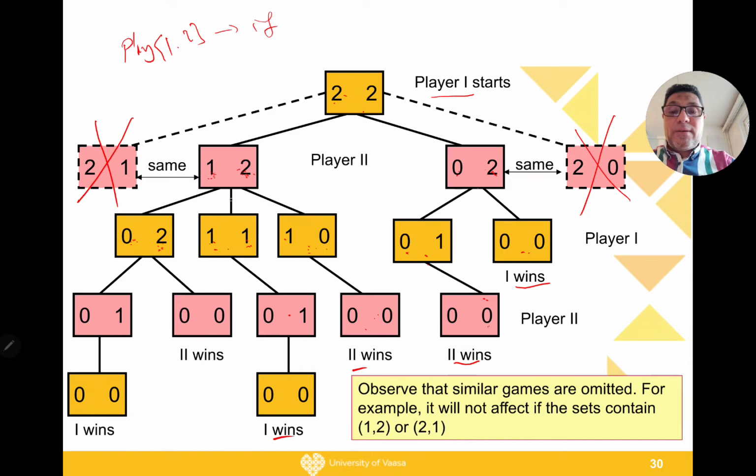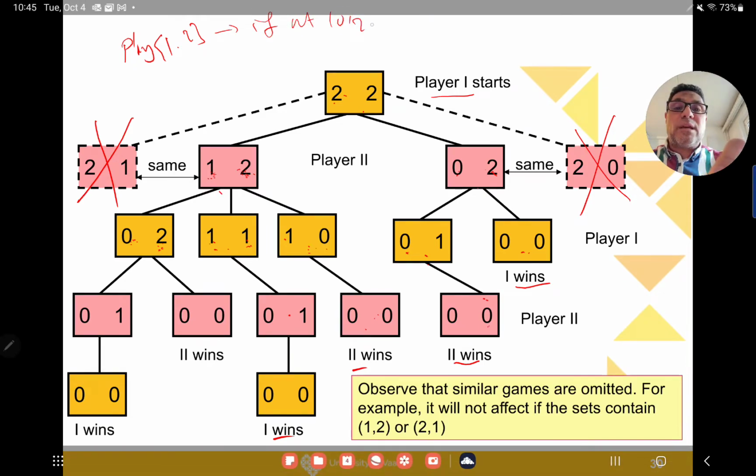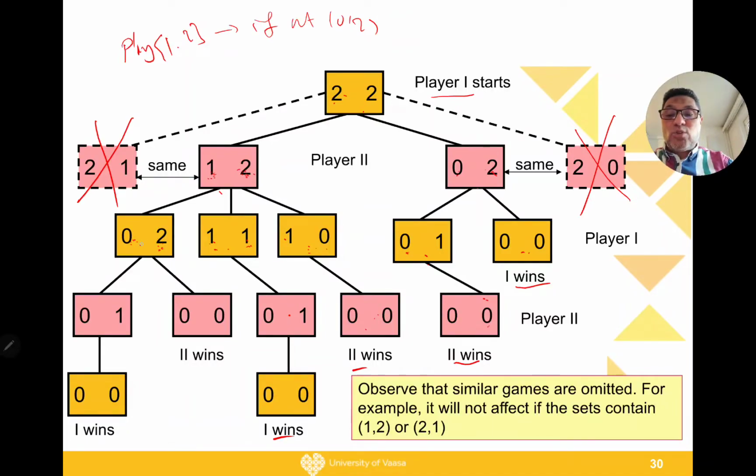Then if at 0-2, how many strategies do they have? They have two strategies, either play 0-1, then this is one strategy because the game has ended now. Play 1-2. If player 2 plays 0-2, then if at 0-2 play 0-1, then play 1-2.